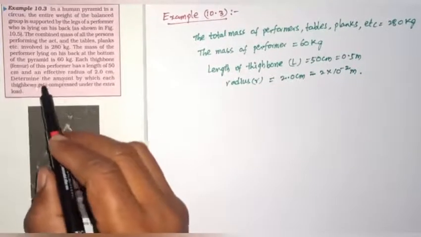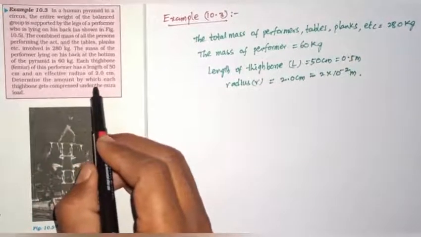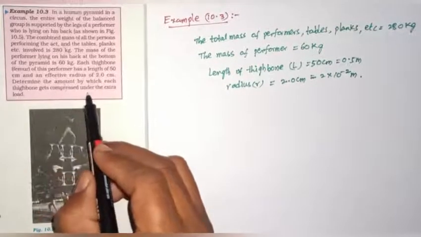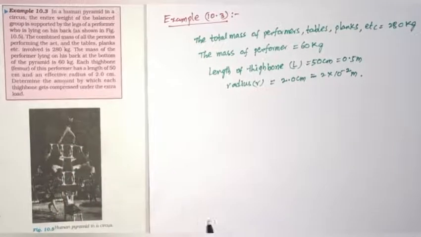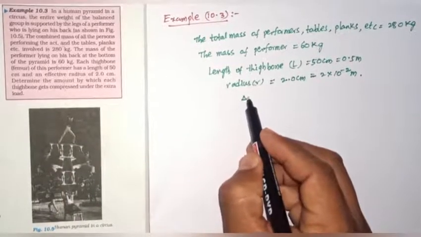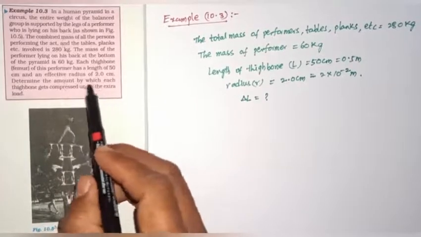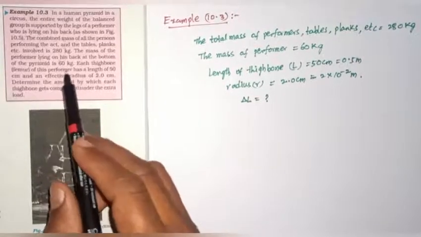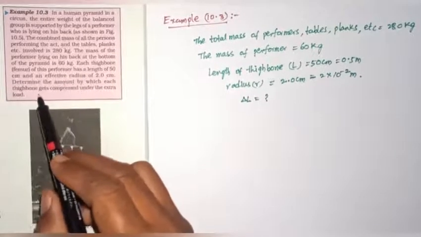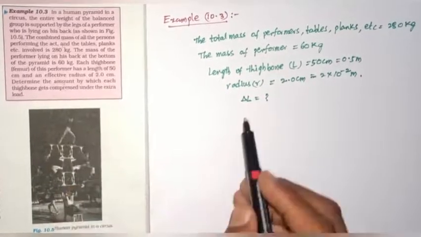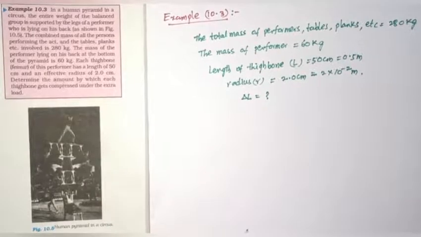Determine the amount by which the thigh bone gets compressed under the extra load. So we can find delta L. So what is delta L?